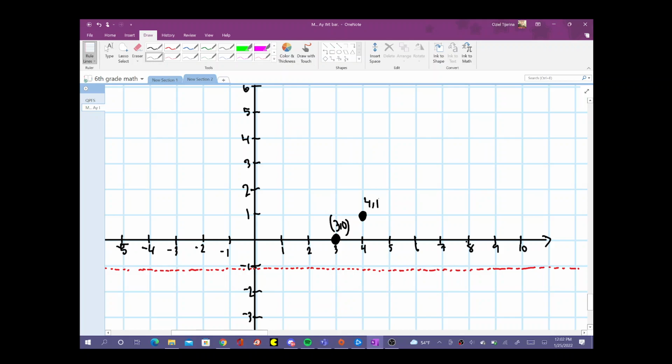So we're going to plot it right here. And the reason why I'm labeling it, guys, is so that you understand where it is. So this is (4, 1). This is (3, 0). And I know it's really, really small. The reason why I'm making it really small is because I'm going to make a curve at the very end.